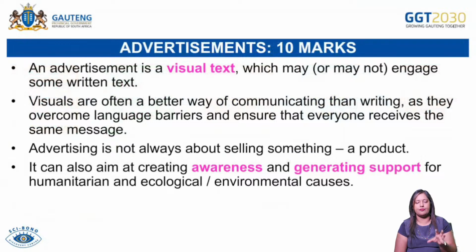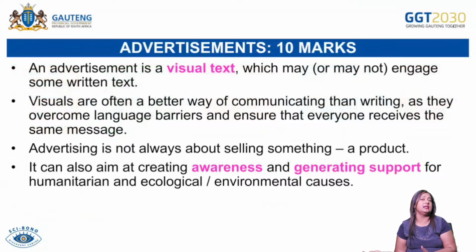This is often a better way of communicating than writing out words. It allows us to overcome language barriers that may be found amongst the readers at large. We want to ensure that everybody understands what is being showcased if only the image is there. It's not always about, as I mentioned before, selling a product.